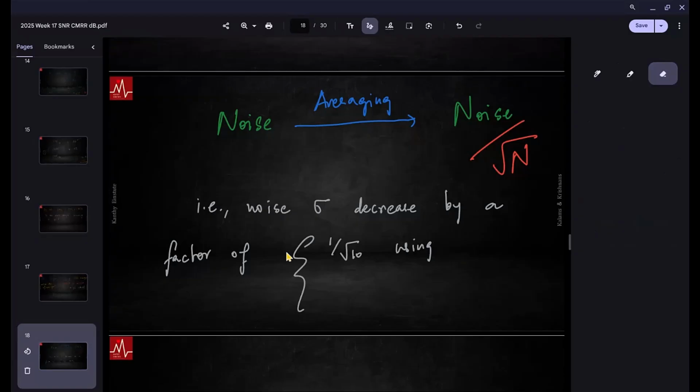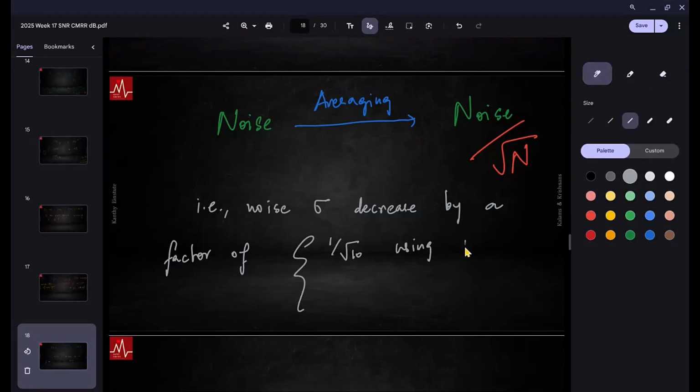So it decreases using 10 samples. You average 10 samples, it becomes 1 by square root of 10. You average 50 samples, it becomes 1 by square root of 50, and so on.